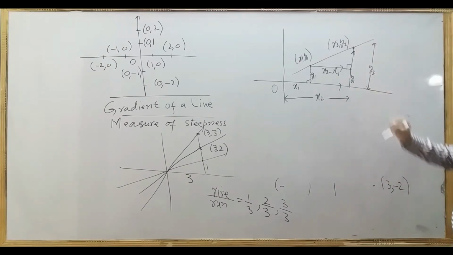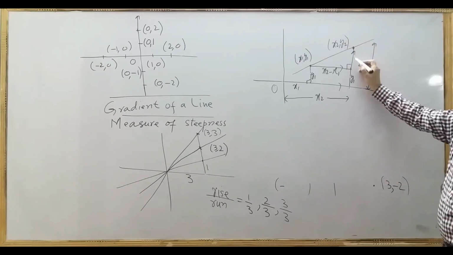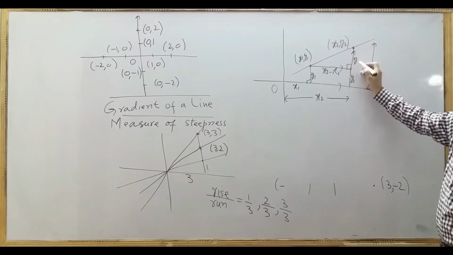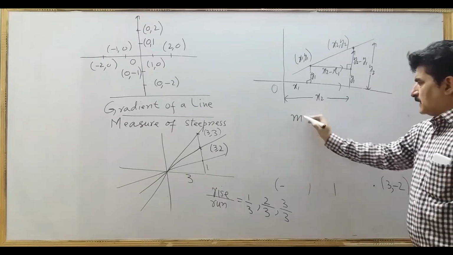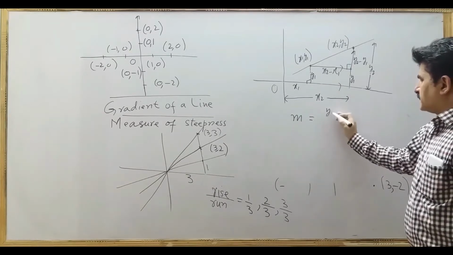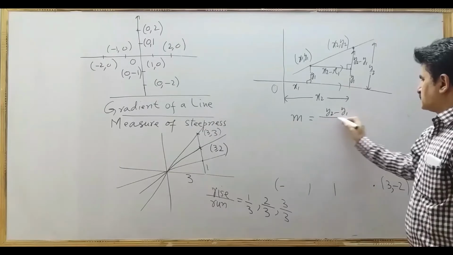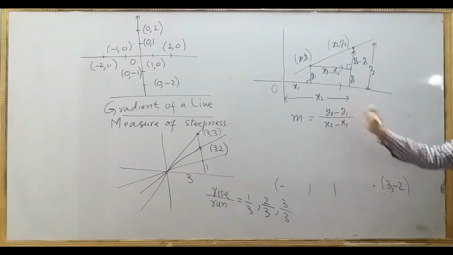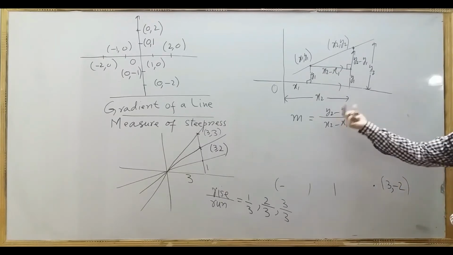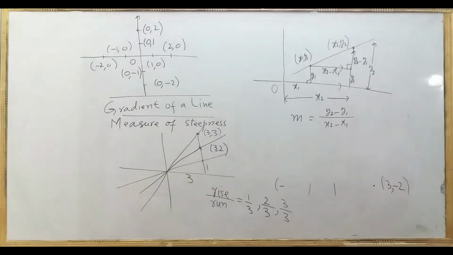Now this total height is y2, this height is y1. So this length will be y2 minus y1, difference of y coordinates. So gradient, also denoted by m, we write (y2 minus y1) over (x2 minus x1). Means change in y over change in x, or difference in y over difference in x.